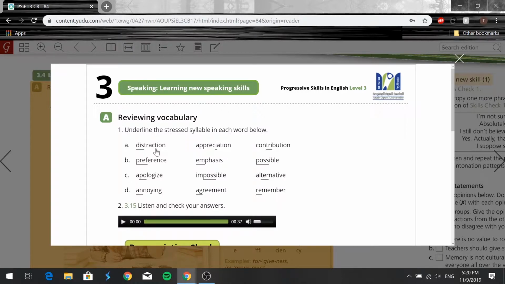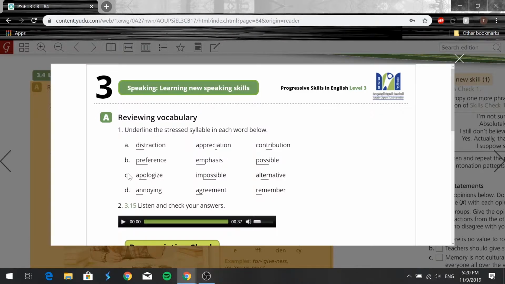For row B, the stress was on the first syllable because they are all 3-syllable words. C, I chose these because the stress is on the second syllable, because they are all 4-syllable words. And D, the stress is on the second syllable because of irregular stress patterns.